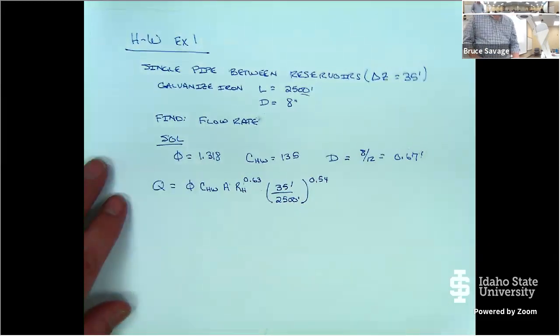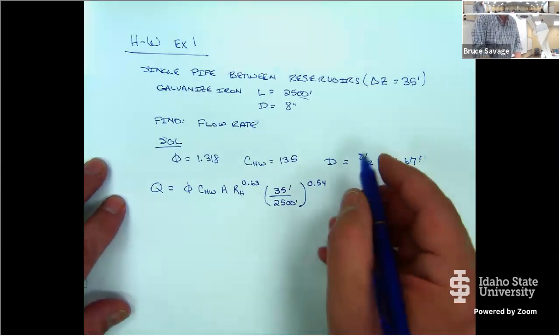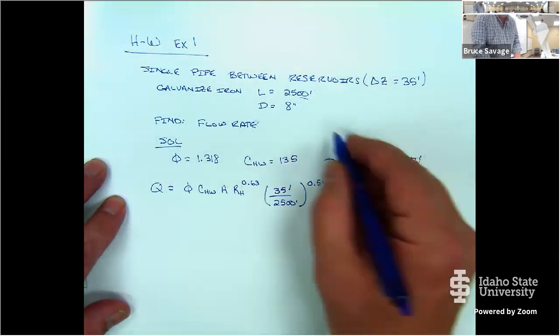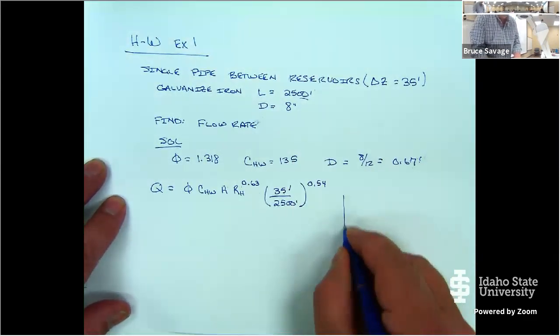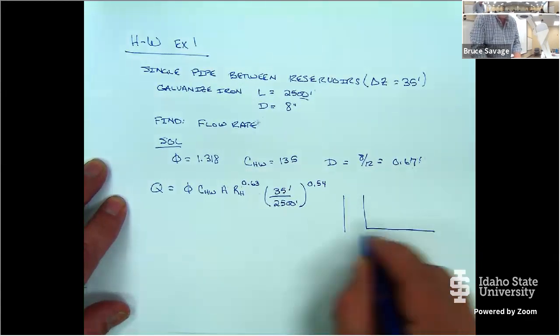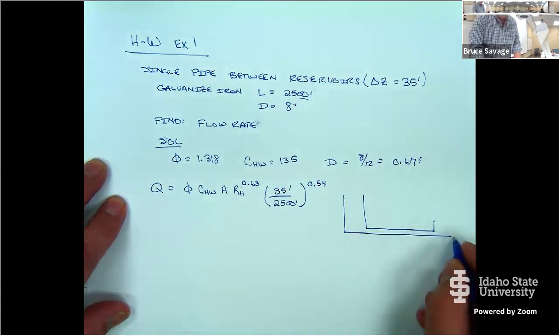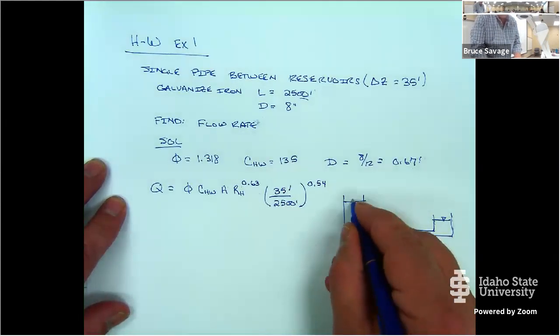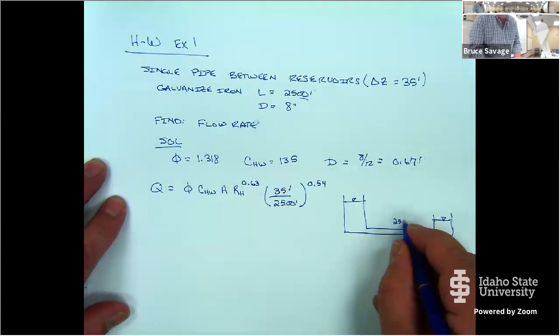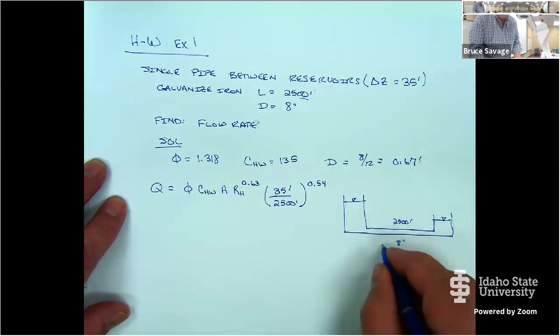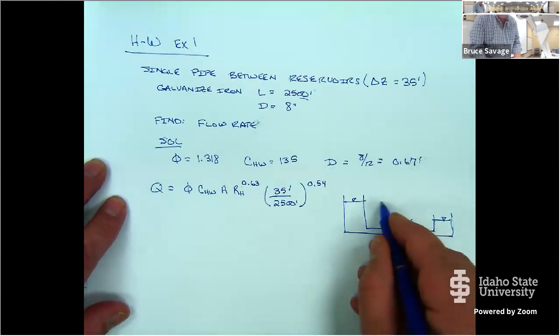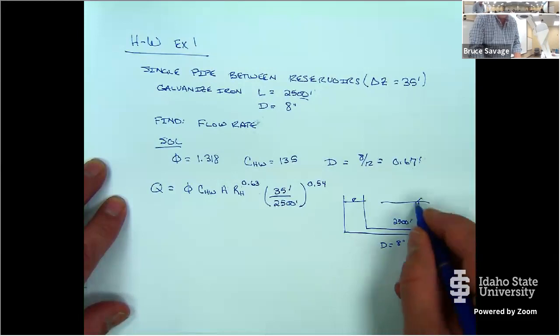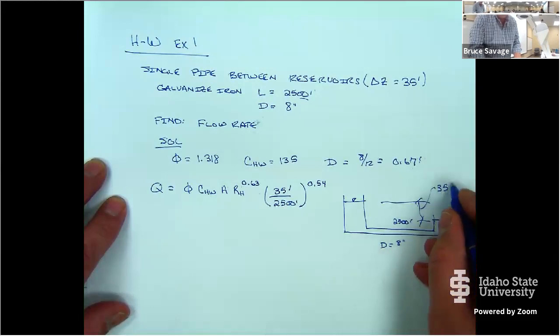If you're not sure you understand this picture, a reservoir and a tank are kind of the same thing. So we have a tank here flowing down to this other tank or reservoir down here. This is 2,500 feet of 8-inch pipe, and the difference between these two is 35 feet.